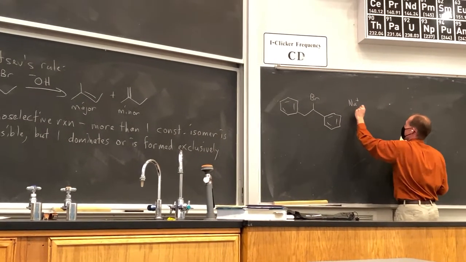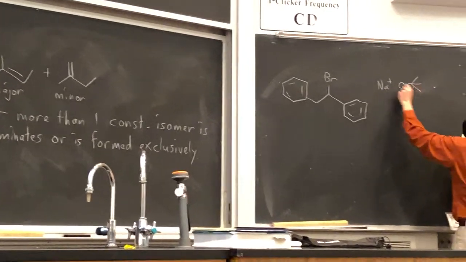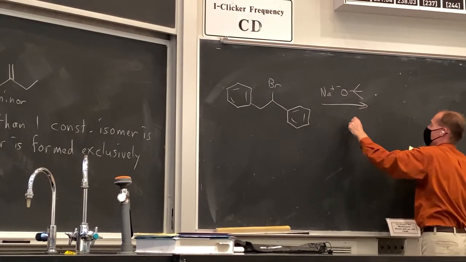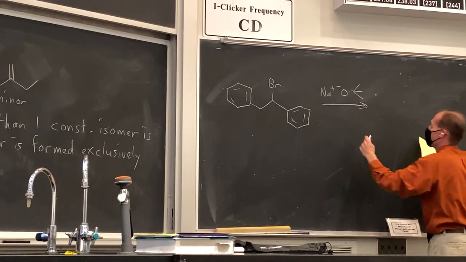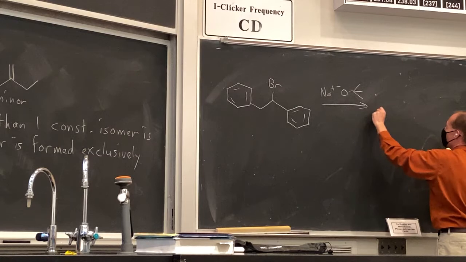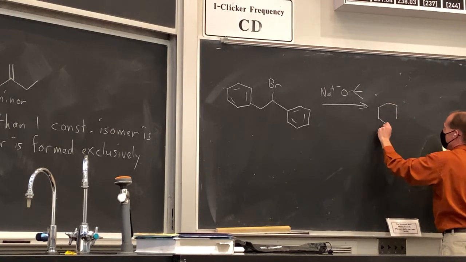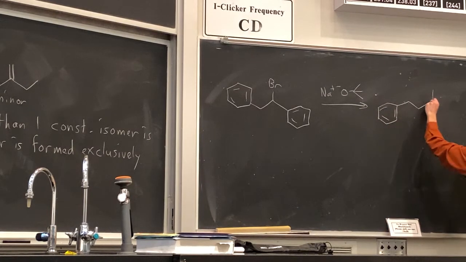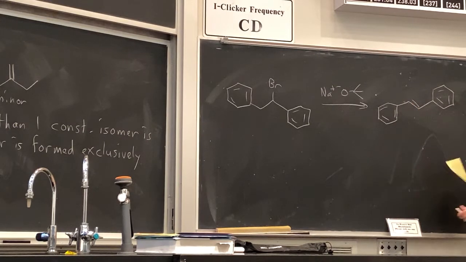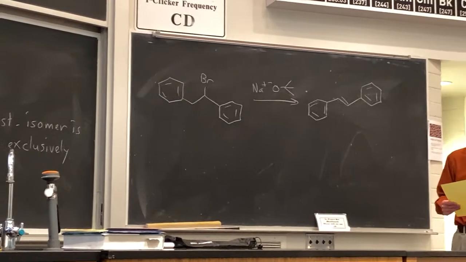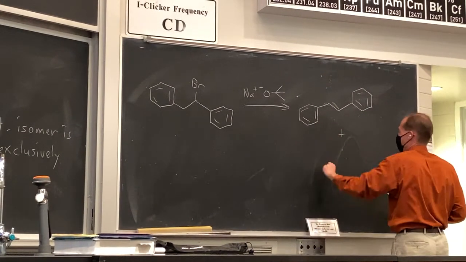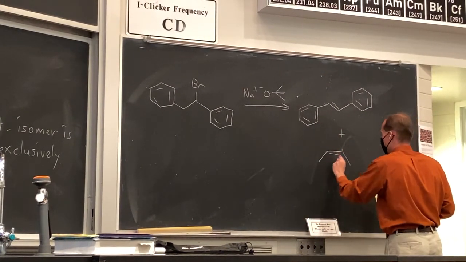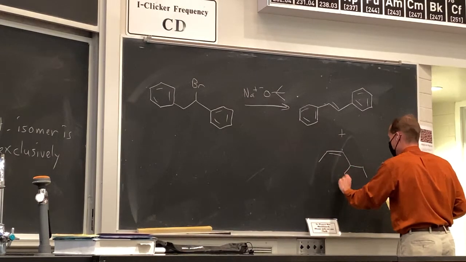But if we react this with a strong base, like sodium or potassium tert-butoxide, it wouldn't matter. We're going to form a 1,2 disubstituted alkene. And when we have a 1,2 disubstituted alkene, we have trans and cis isomers. We have stereoisomers that can form.